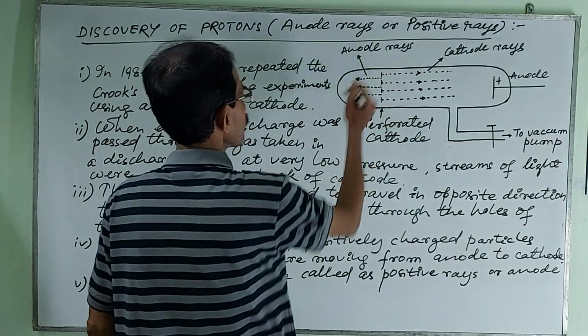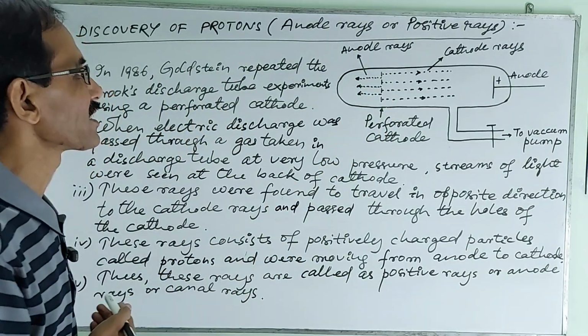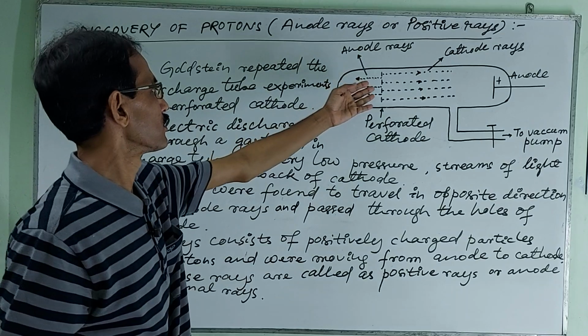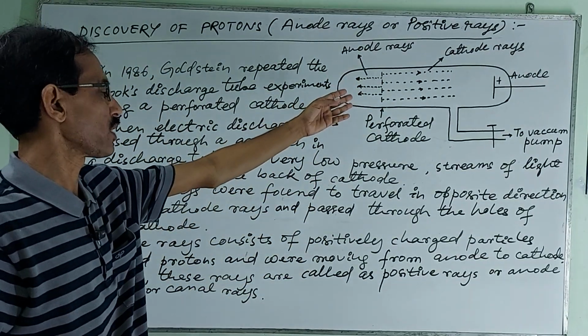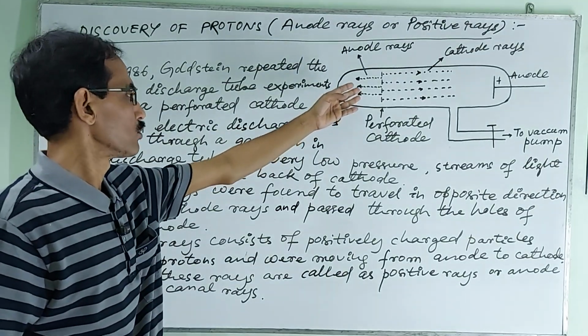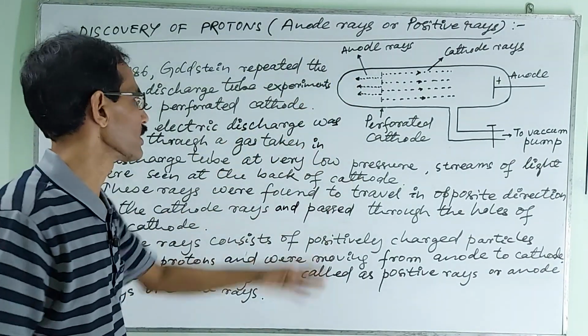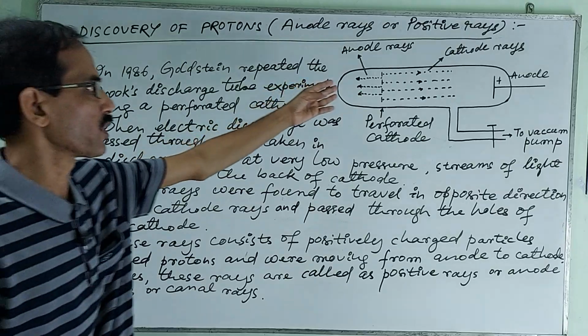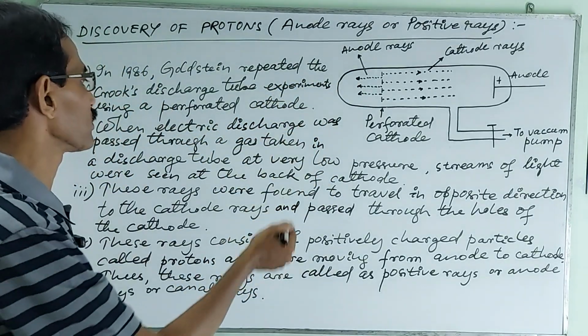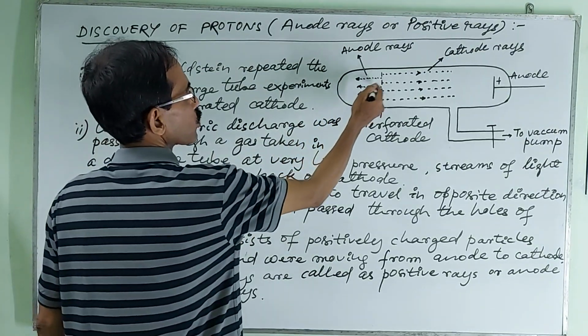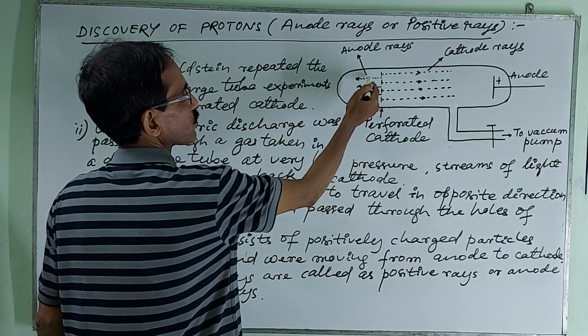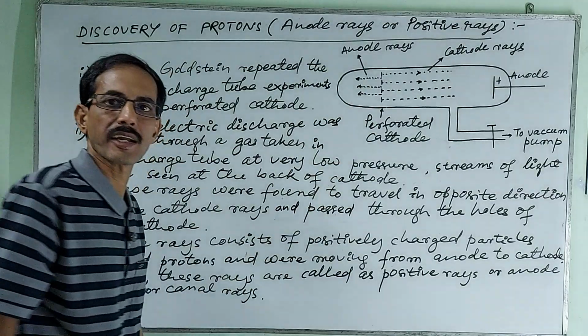This is perforated cathode, and when an electric discharge was passed through a gas taken in a discharge tube at very low pressure, streams of light were seen at the back of the cathode.